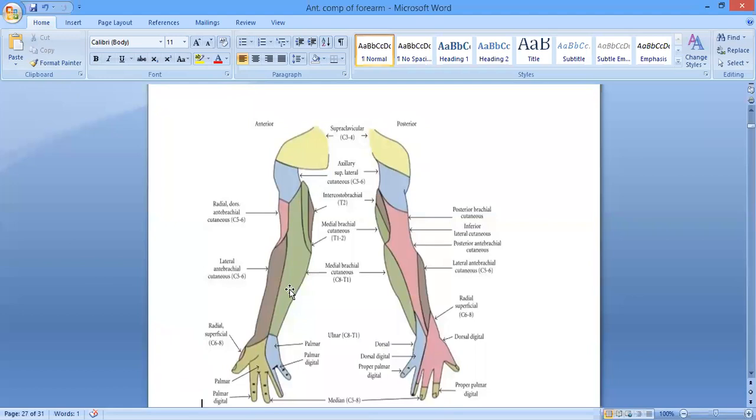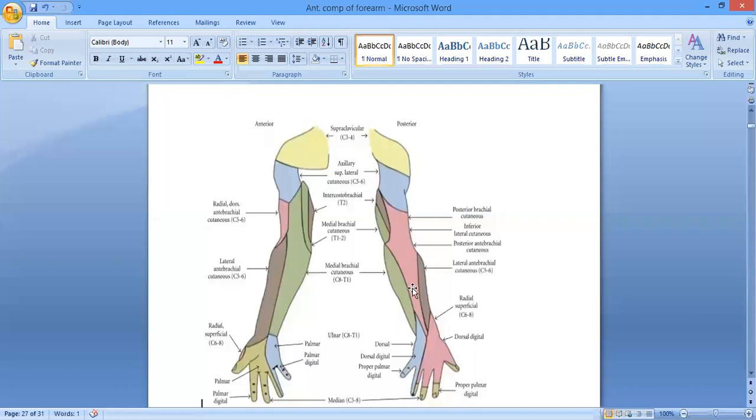On the posterior aspect, the posterolateral aspect of the forearm is also supplied by the lateral cutaneous nerve of the forearm. The dorsomedial aspect is again supplied by the medial cutaneous nerve of the forearm.